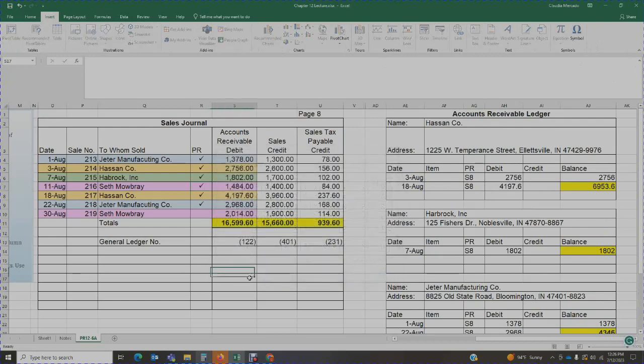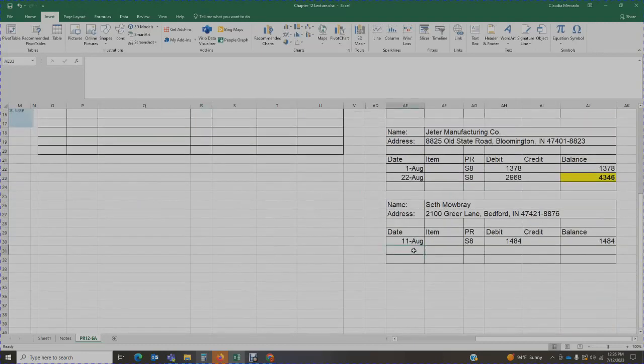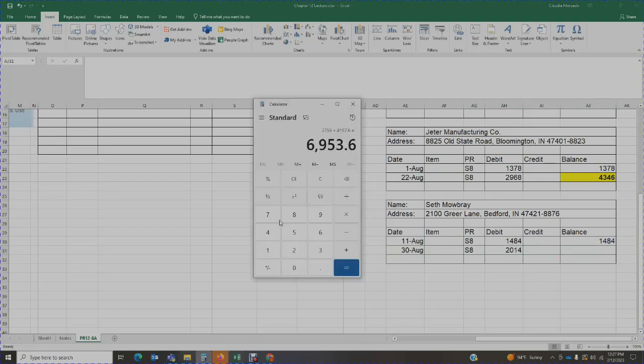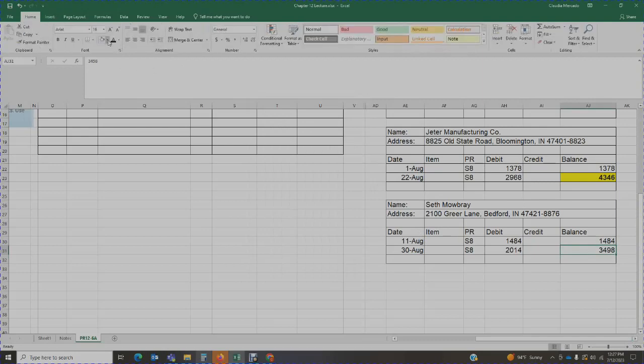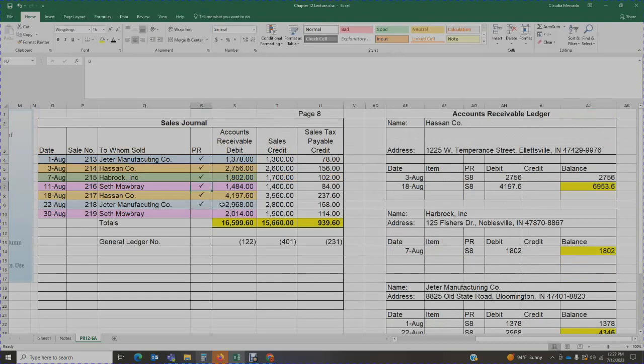Okay, so that one has been posted. And now we have August the 30th for 2014. So we're going to add those two together. 34.98. Okay, and then I'm going to go back and put my check mark.